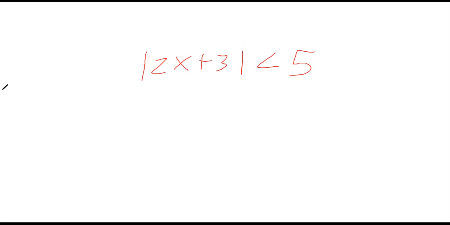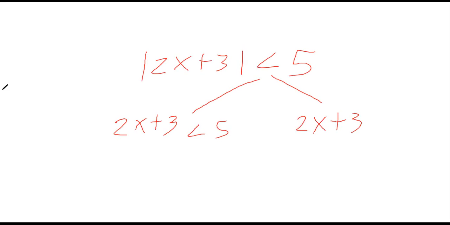Since the absolute value is already by itself, we can split this into 2. We have 2x plus 3 is less than 5, and 2x plus 3, and we're going to flip the sign, and we have our -5.